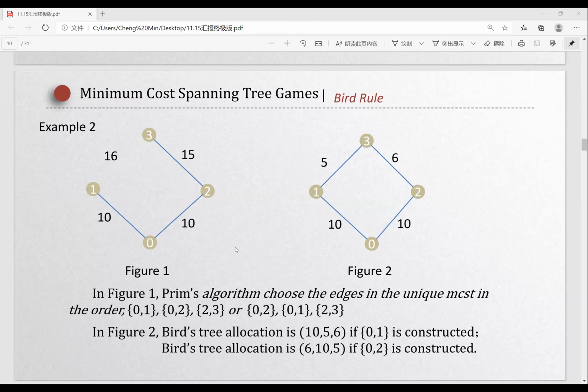In the problem on the right of figure 2, only one of the two dashed links will be constructed. In case 0-1 is constructed, Bird's tree allocation is 10, 5, 6, and if 0-2 is constructed, Bird's tree allocation is 6, 10, 5.